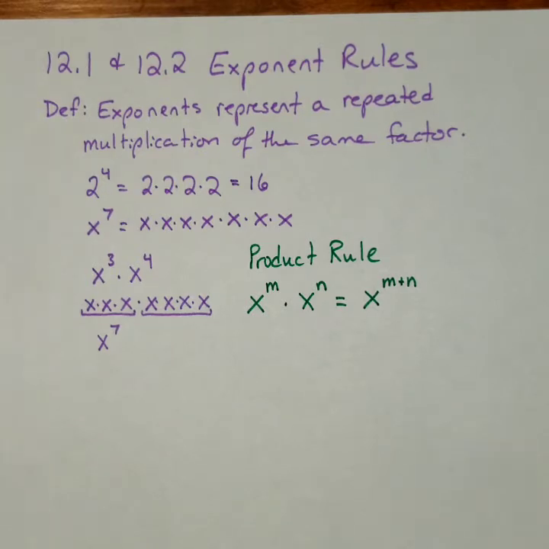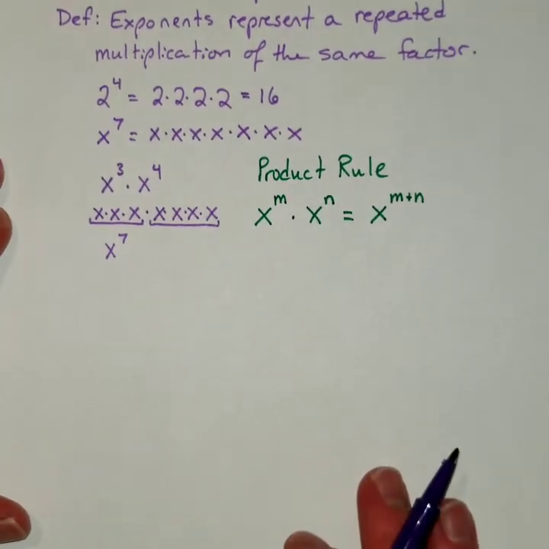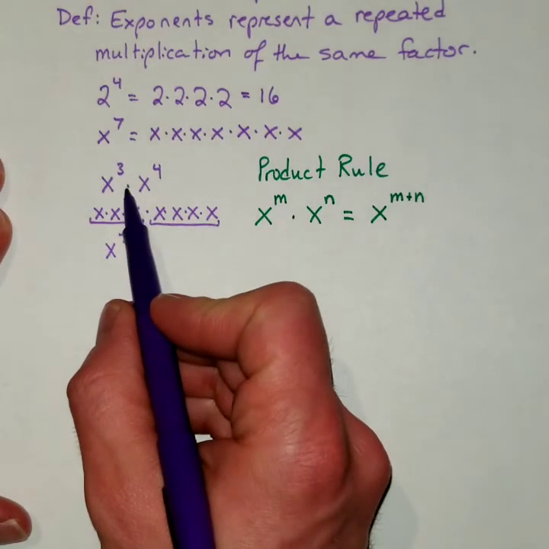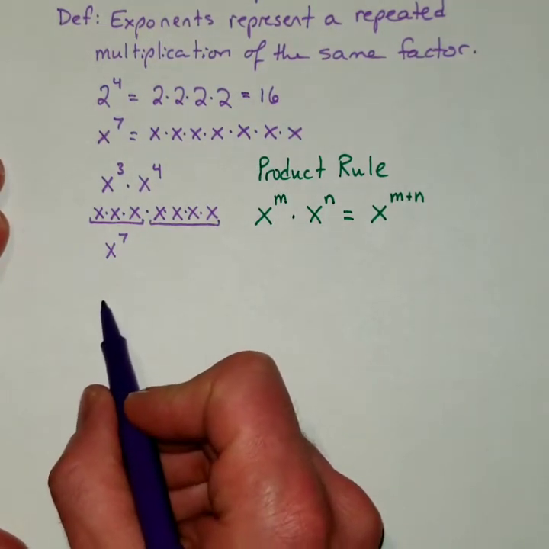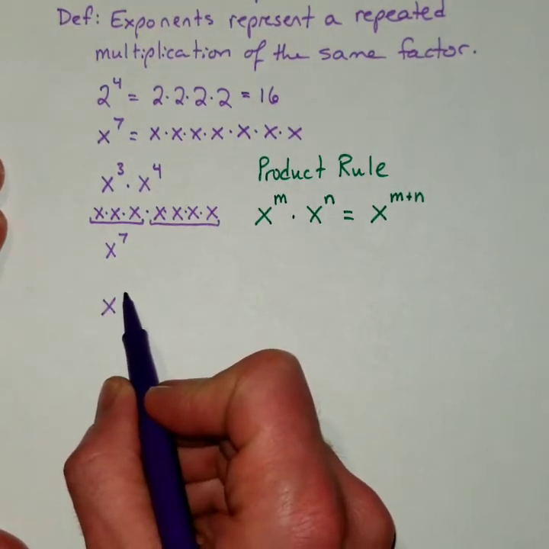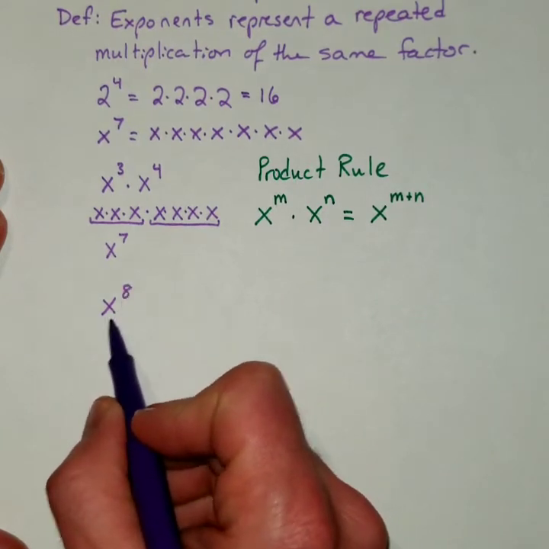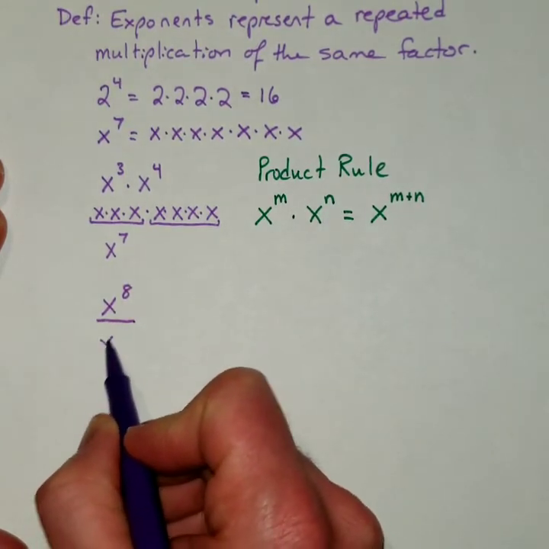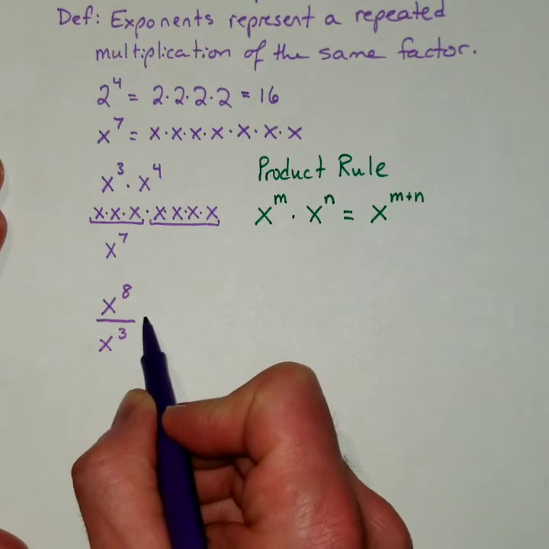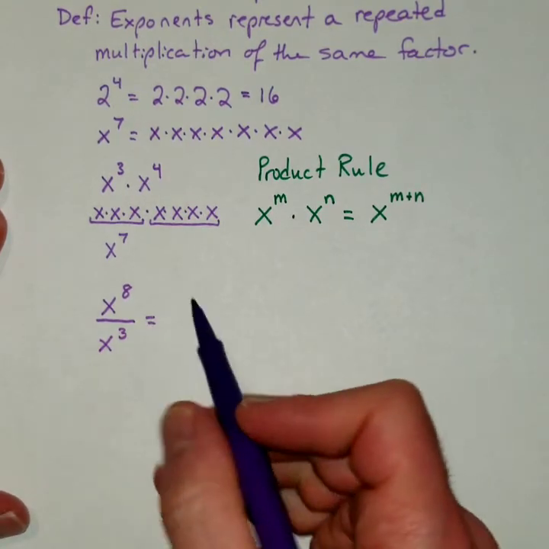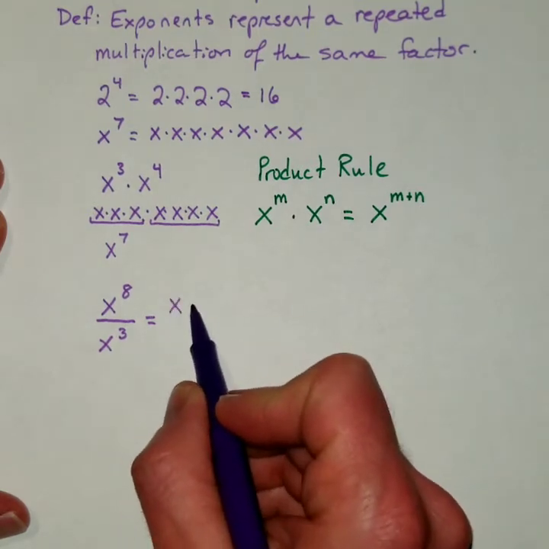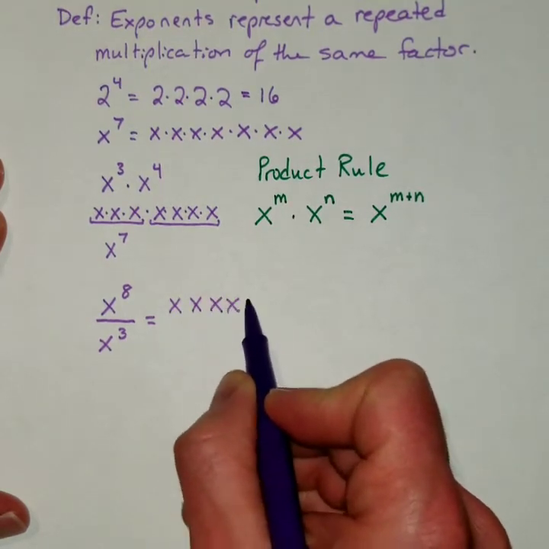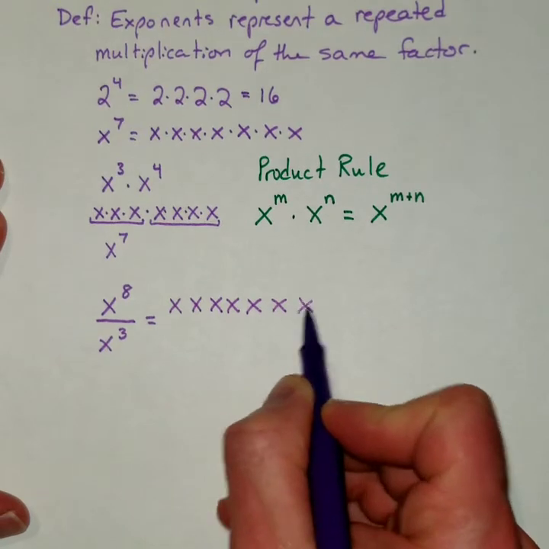Now a similar rule looks at quotients, or fractions. Instead of multiplying, we can divide. So if you consider something like x to the, well, let's go x to the 8th divided by x to the 3rd. So in this example, I'm going to have to write out 8 factors of x. 1, 2, 3, 4, 5, 6, 7, 8.